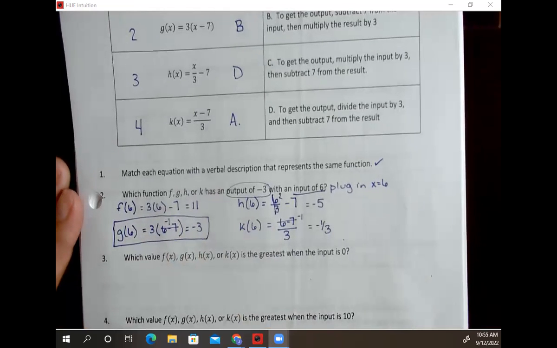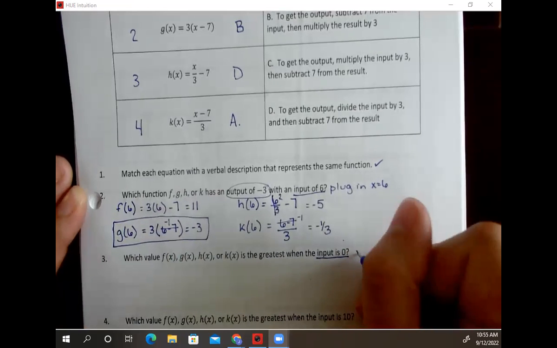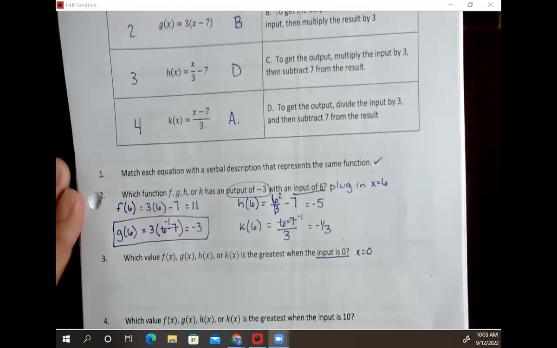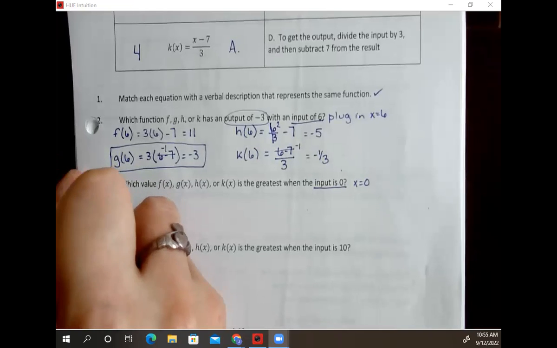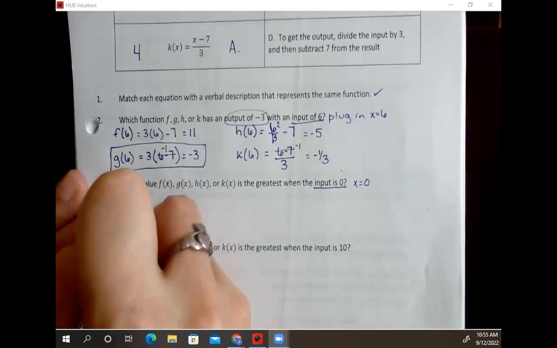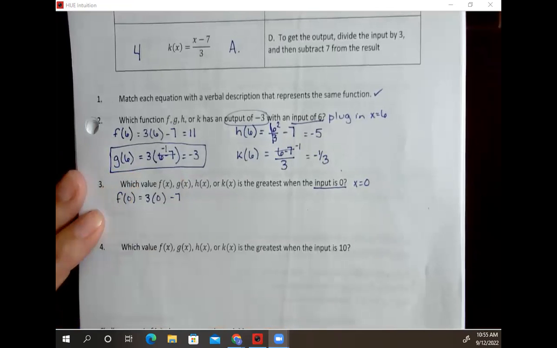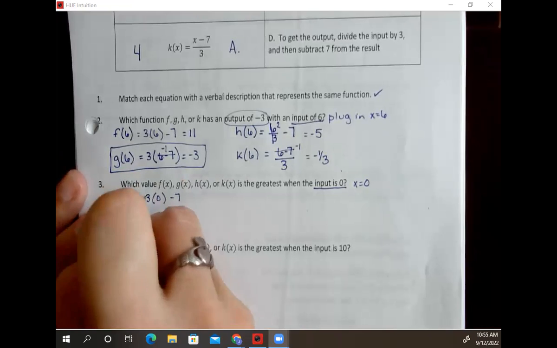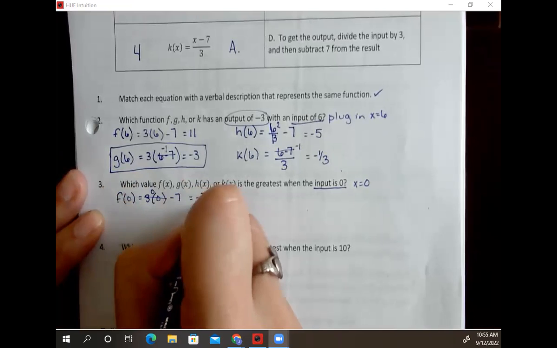Number 3, same idea, but this time our input is 0. So we're going to plug in x equals 0 to each of our functions this time. So f of 0 means we plug in 0 for x. So 3 times 0 minus 7. 3 times 0 is 0. 0 minus 7 would be negative 7.